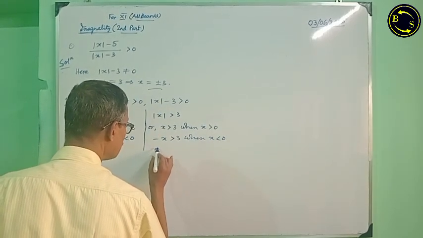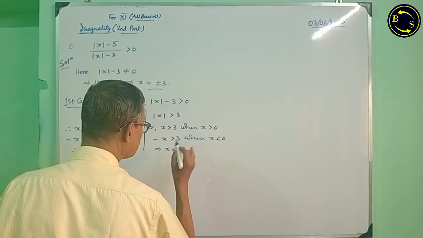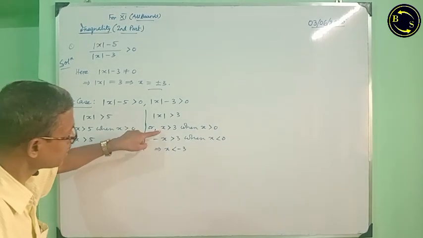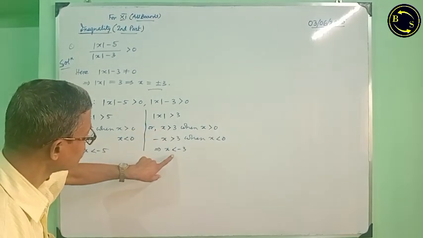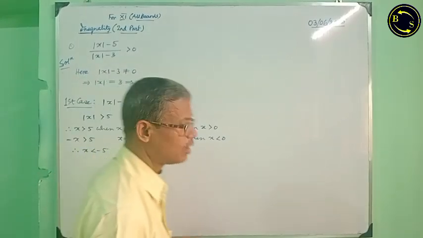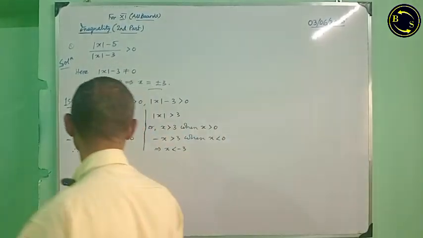From this, what we get? X less than minus 3. X greater than 3, x less than minus 3, not possible. Then we consider the second case.